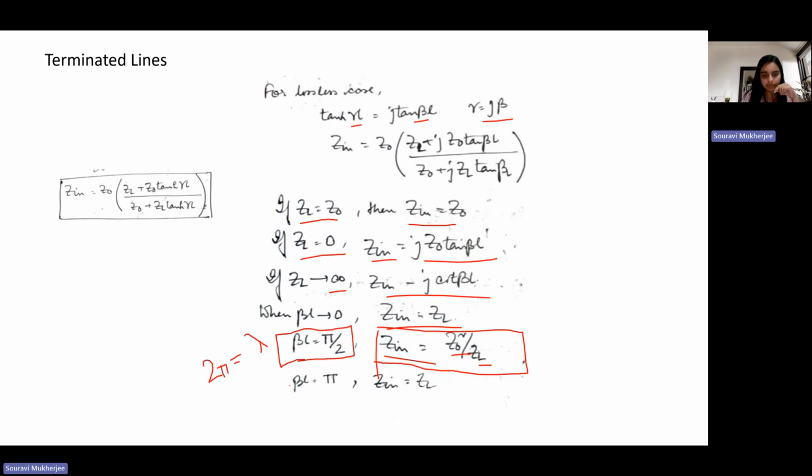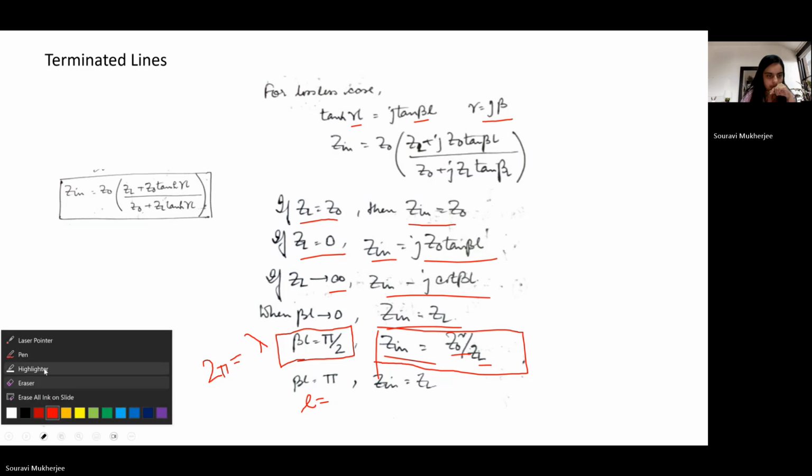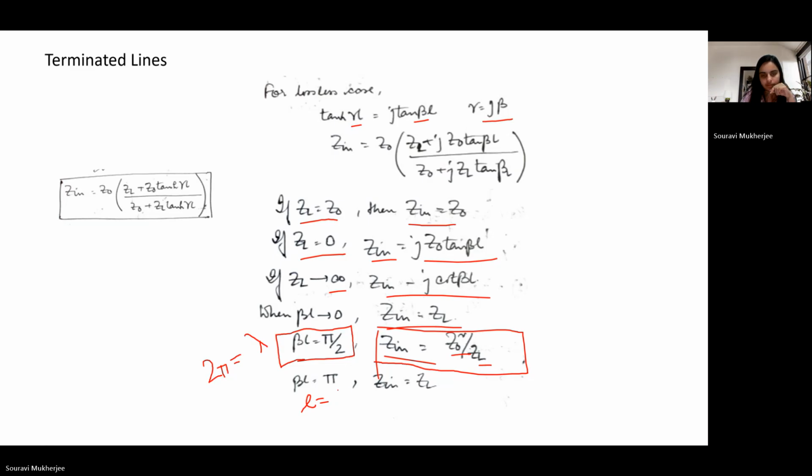Again, you can have the condition where beta L is equal to pi. That means the length is equal to lambda by 2.